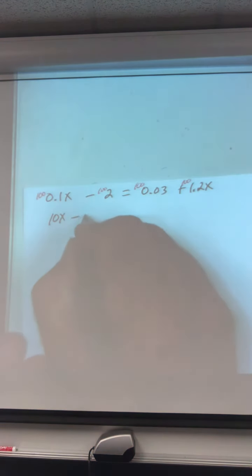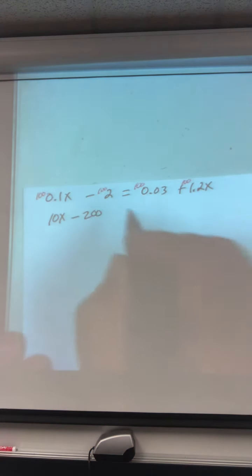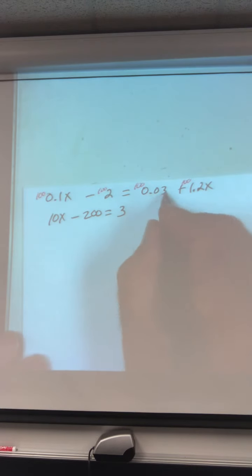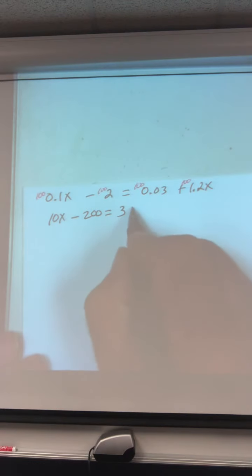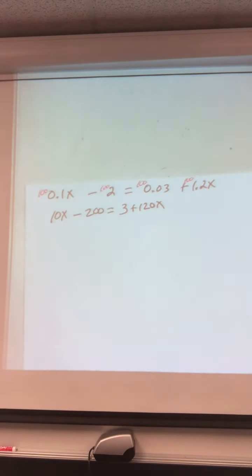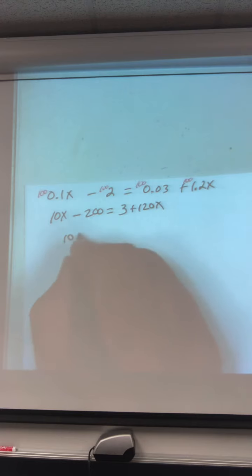Minus, then this is 200 equals, and then 100 times 0.03 moves it to the end because that's 2 places. But then when you get right here, it's got to move it 2 places. If you put it behind the 2, that's only 1 place. So you have to add a 0 there as well. So that's 120x. Now we're back to the same 2-step process.